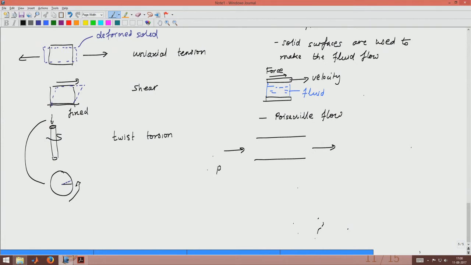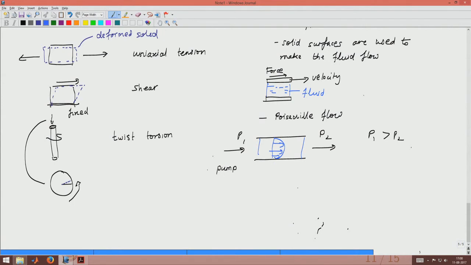So, we usually use a pump, so that pressure at one point is higher than pressure at the other, so that P 1 is greater than P 2, and we take a fluid in this pipe, then the fluid starts moving. So, this is an example of Poiseuille flow.